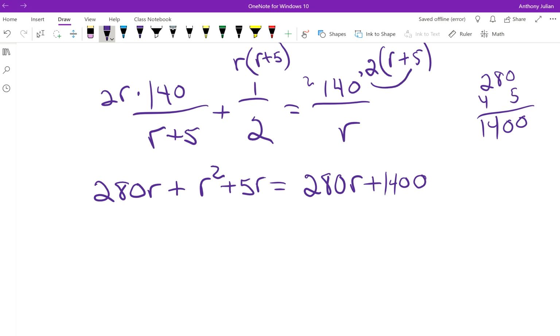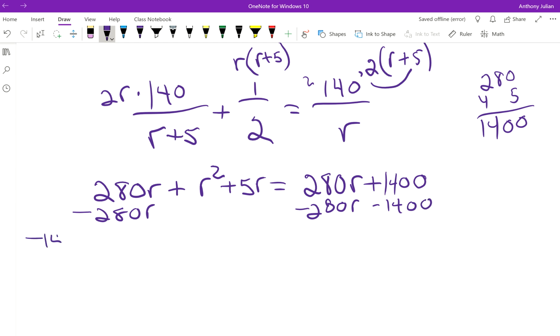All right, so I got a quadratic, I got to get it equal to 0. So I'm going to subtract 280r from both sides, minus 280r. And I'm going to subtract 1400 at the same time.